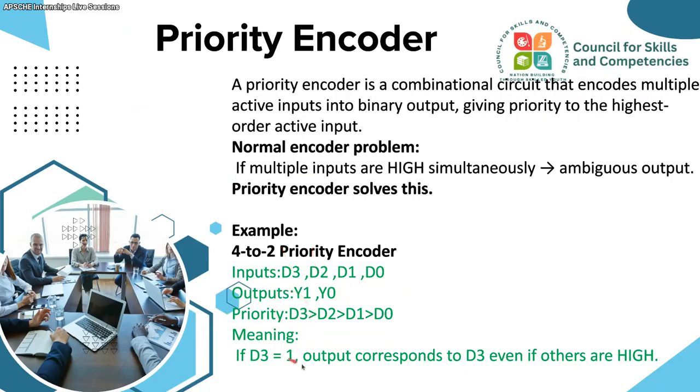So D3 equal to 1 means the output corresponds to D3, even if other bits are 1. The priority encoder will give the priority to D3. That's a small thing about priority encoders.